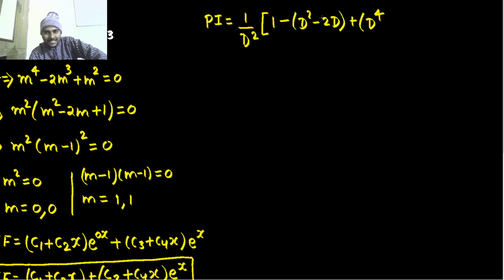So plus (D^2 - 2D)^2. That will give you D^4 - 4D^3 + 4D^2. So you have got 1 - x + x^2. One more term is there, x^3.